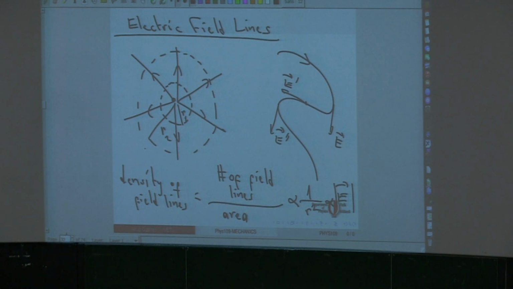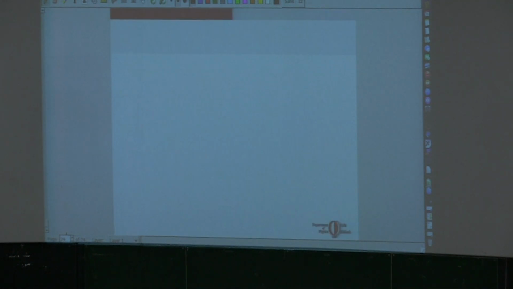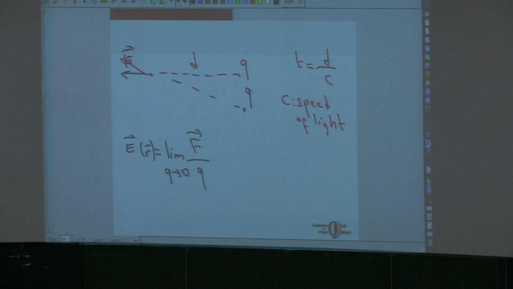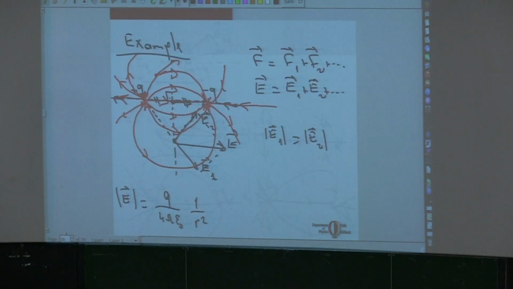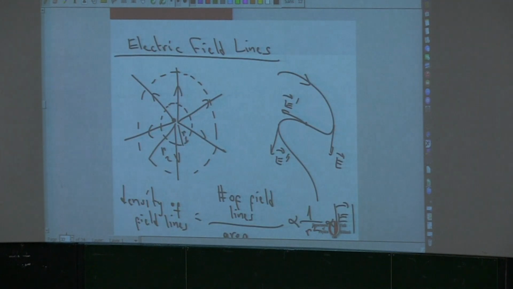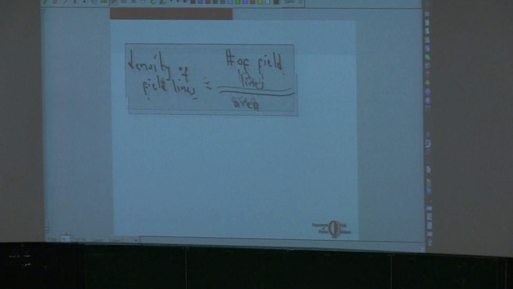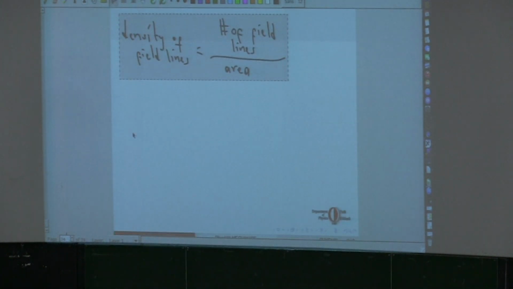Now, we were not so careful about writing this definition, though. You see, we defined the density as the number of field lines divided by the area.